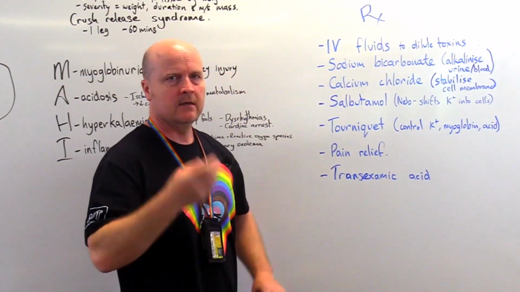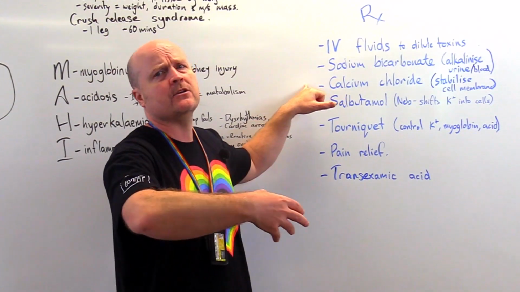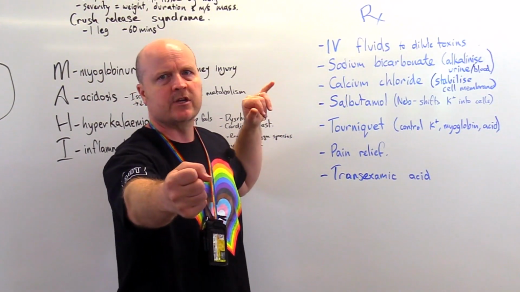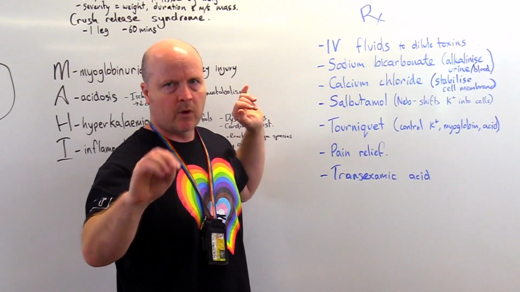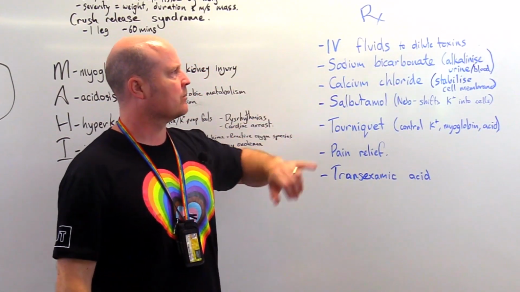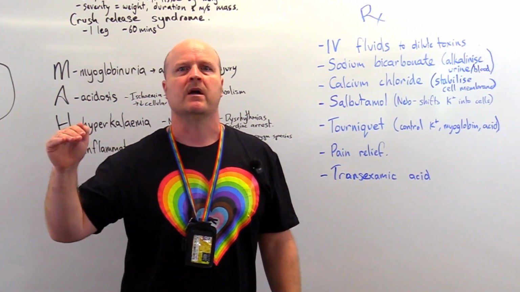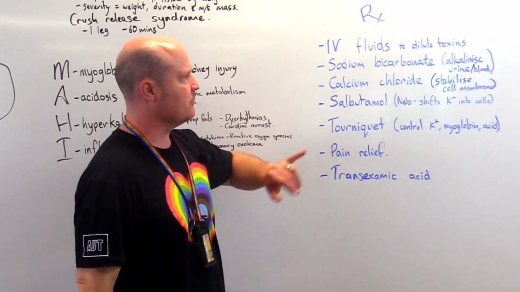Sodium bicarbonate, alkaline. And calcium chloride: when we get a flush of potassium rushing in, it's going to cause problems with our cell membrane and nerve conduction. So our calcium chloride is going to help to combat that and help stabilize our cell membranes. Then we've got salbutamol.